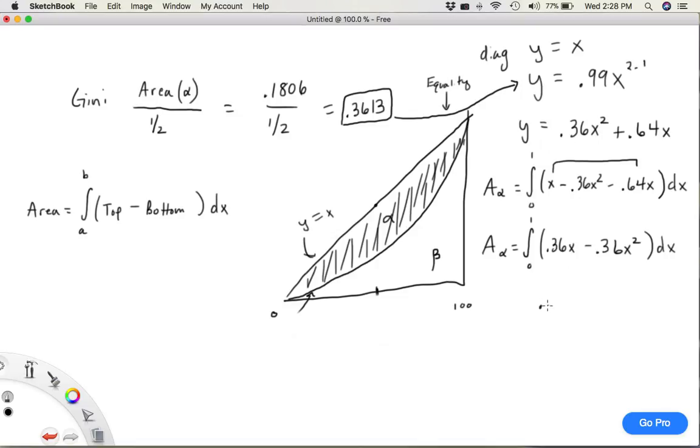This should be 0.36x squared divided by 2, minus 0.36x cubed divided by 3. And then we're going to evaluate that at 0 and at 1, and that should tell us the area of the alpha piece.